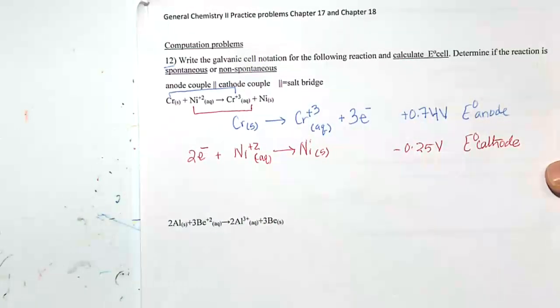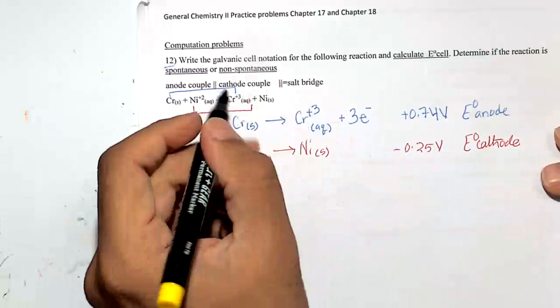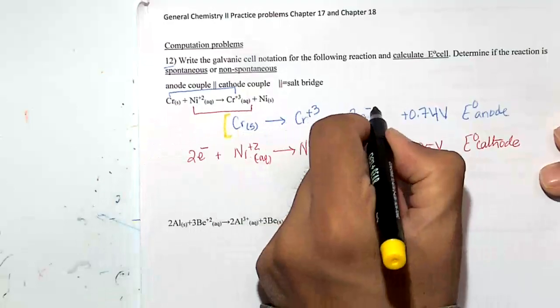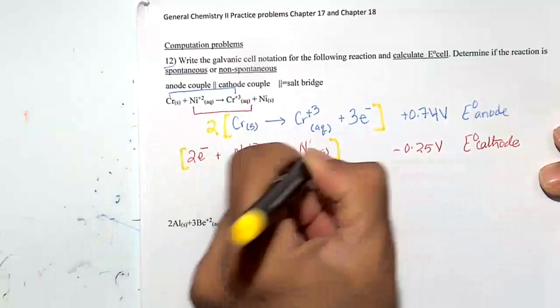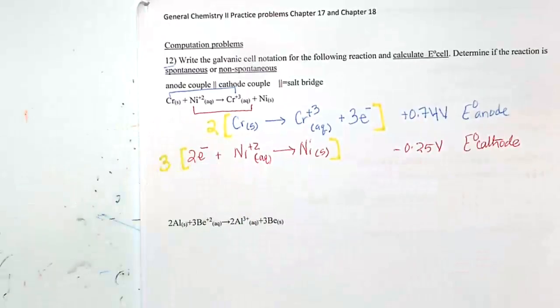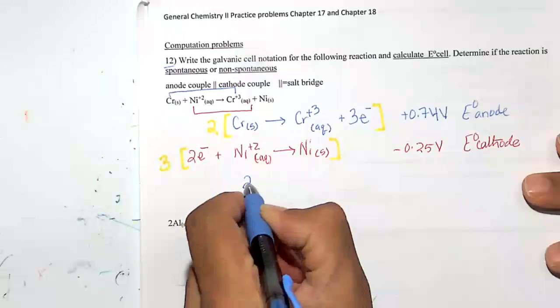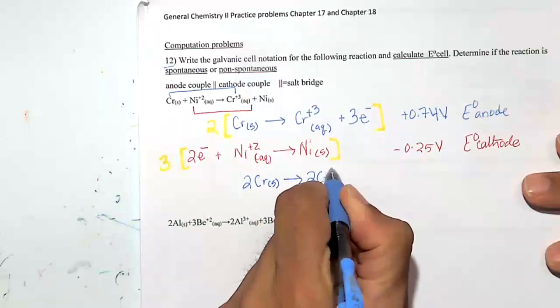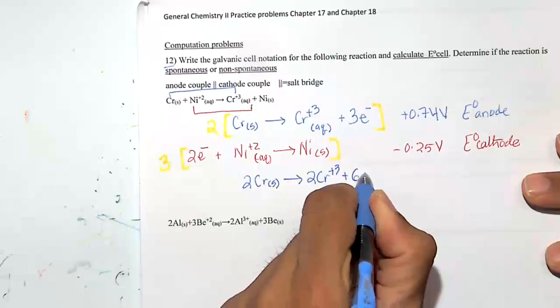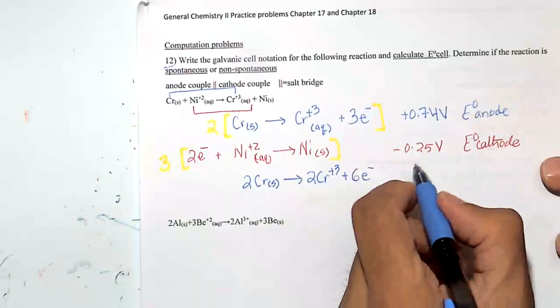All right, how many electrons are being transferred in this reaction? This is a 6 electron transfer reaction. First thing, I'm going to multiply this top one by 2, and I'm going to multiply the bottom one by 3. This becomes 2Cr solid goes to 2Cr plus 3 plus 6 electrons. We do not change this voltage.